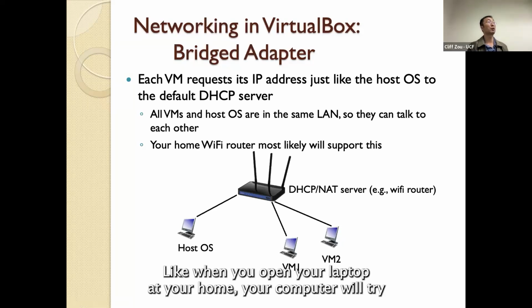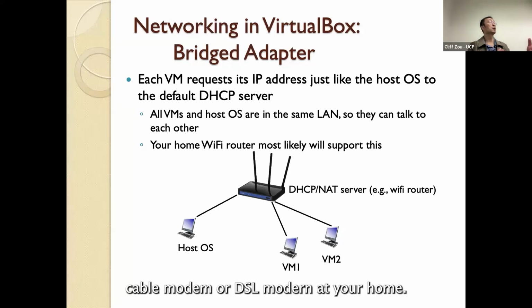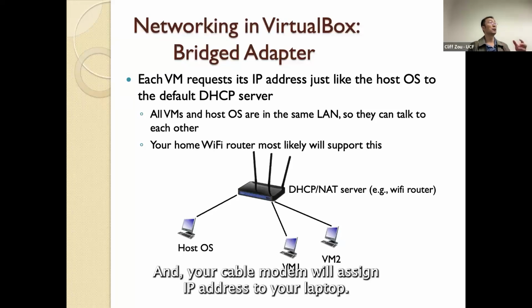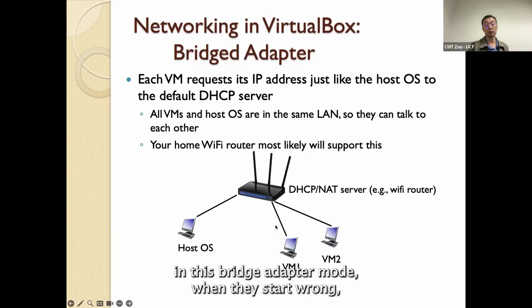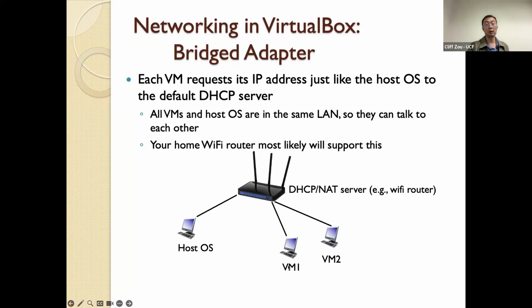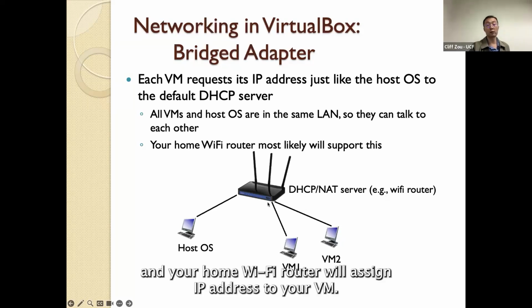Like when you open your laptop at home, your computer will try to get an IP address from your cable modem or DSL modem at home, and your cable modem will assign an IP address to your laptop. This VM, if configured in bridge adapter mode, when it starts to run, will also try to request an IP address from your home Wi-Fi router. And your home Wi-Fi router will assign an IP address to your VM.